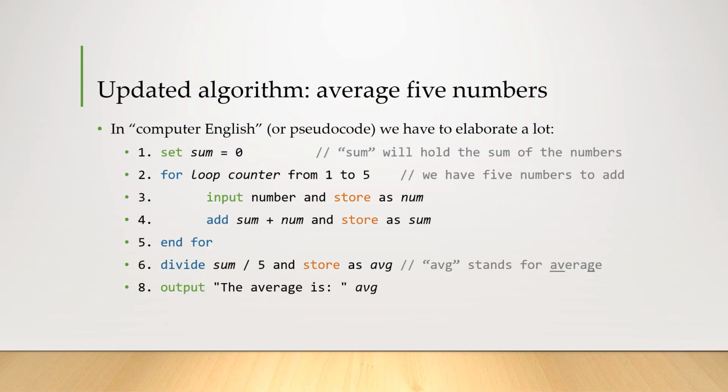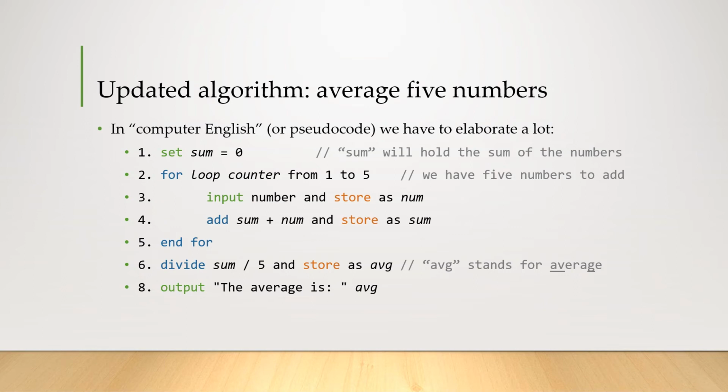Now, before I show you this algorithm in BASIC, I'm going to update the algorithm slightly because we're now getting into languages that allow more meaningful variable names. So we're going to have one called sum that's going to start at 0, and then we're going to do a for loop counter, okay, from 1 to 5 because we have 5 numbers to add.